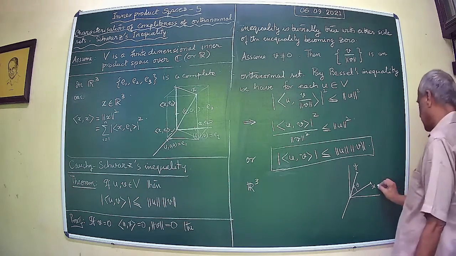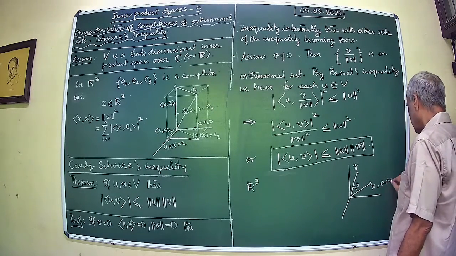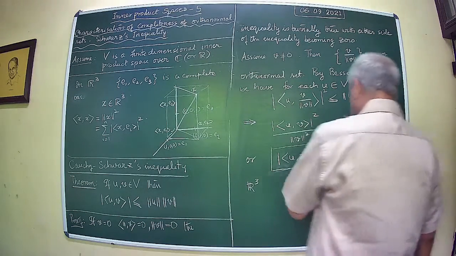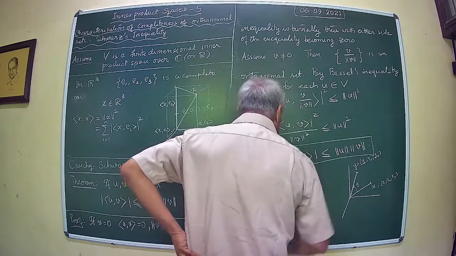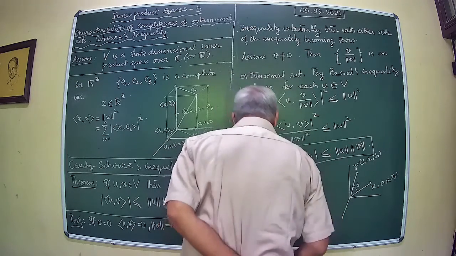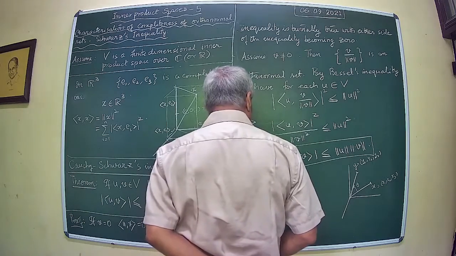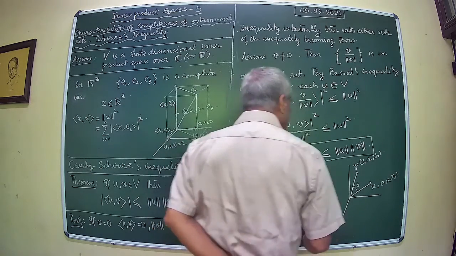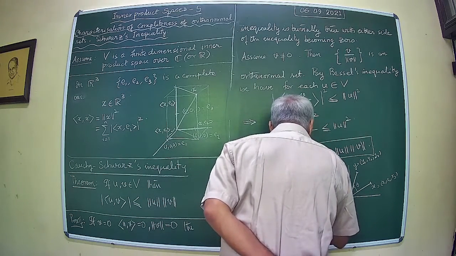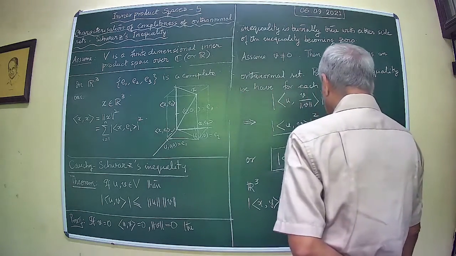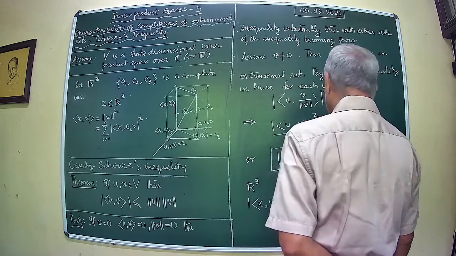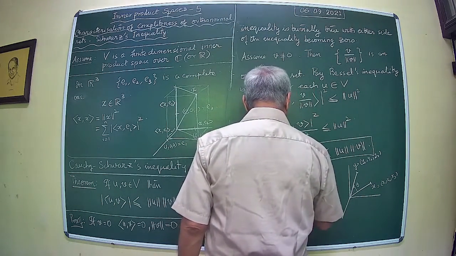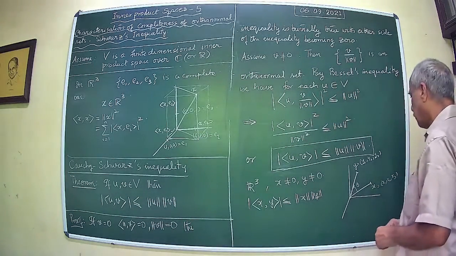Then suppose X is equal to... then you see that the Bessel's inequality, or sorry, the inequality that we have written here is this, that is X, Y. Assume both X and Y are not equal to 0. Then what happens? Then what is this?